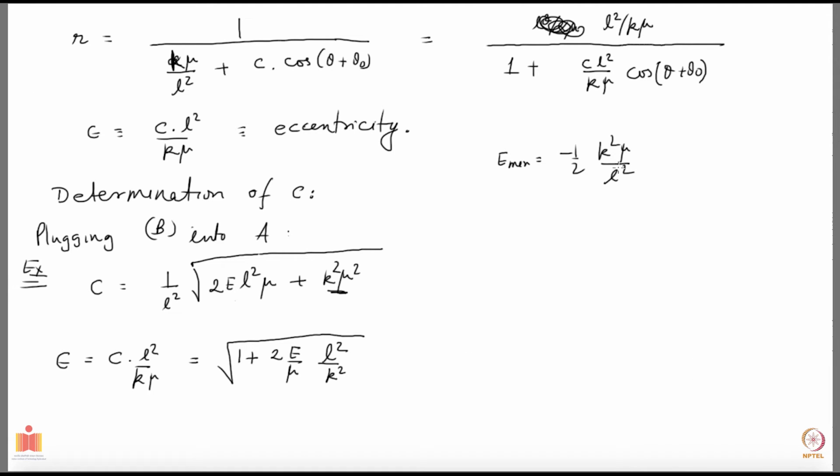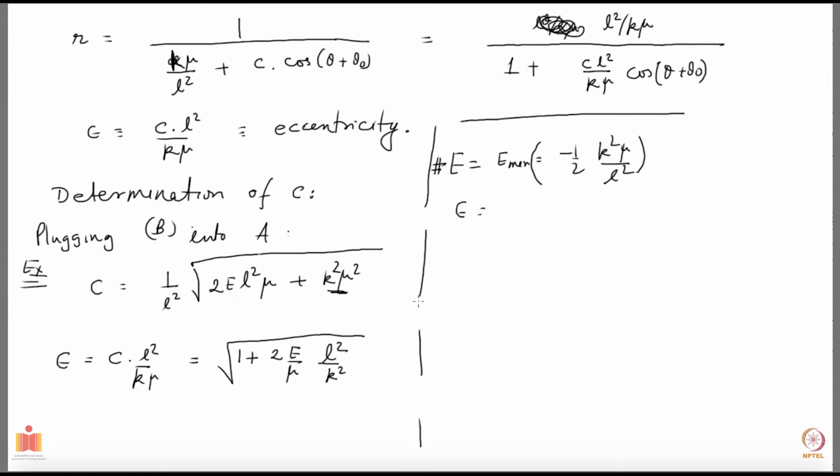Let's see what happens when E is E minimum, the minimum energy which is allowed. If you put E equal to E minimum here, then your epsilon is how much?